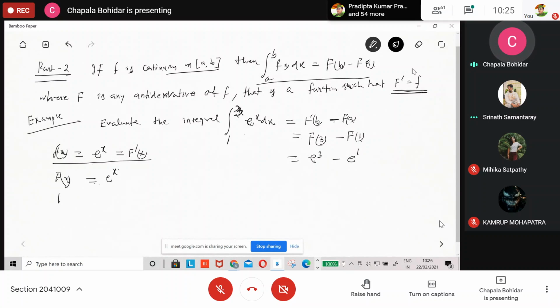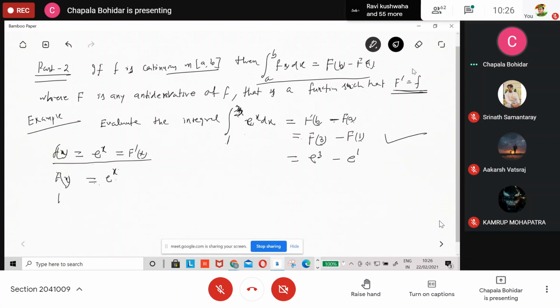That is my answer. I am not writing plus c here because it is a definite integral. All of you clear on this part? Yes, ma'am.